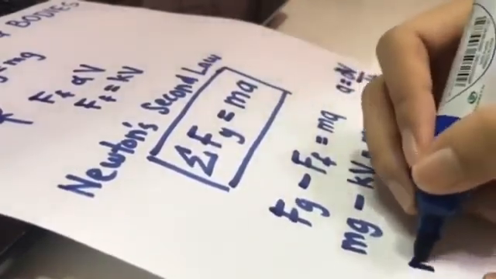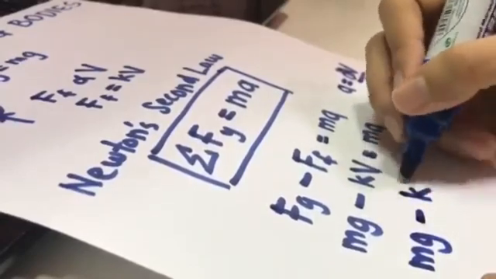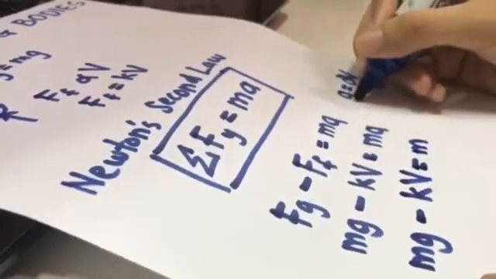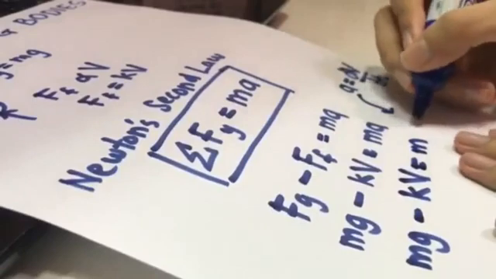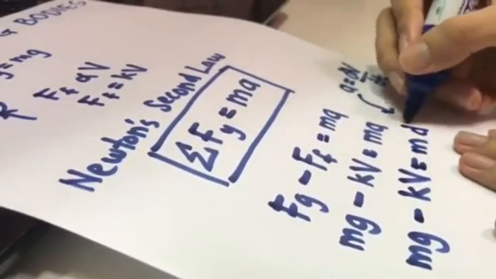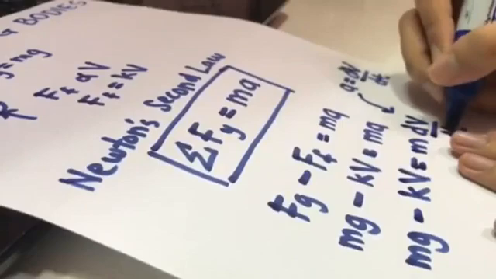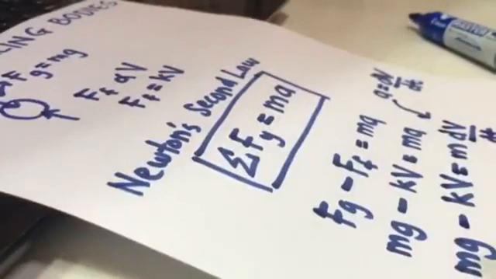So we will get mg minus kv equals m dv over dt. We substitute the instantaneous acceleration into the equation. Okay, we have arrived at this not-so-final step, so we will move forward to finish the differential equation.